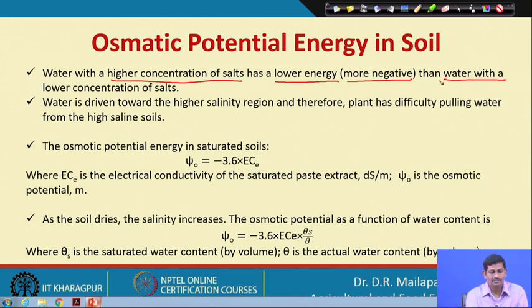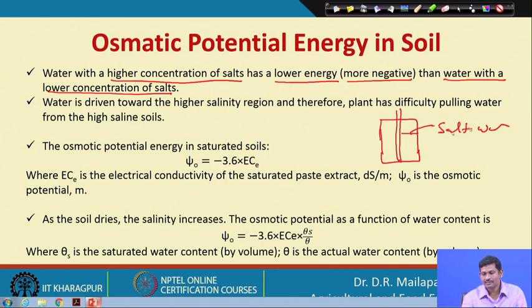Then water with lower solute concentrations. As you see, if you have a beaker with a semipermeable layer in between, with salt water on one side and fresh water on the other.